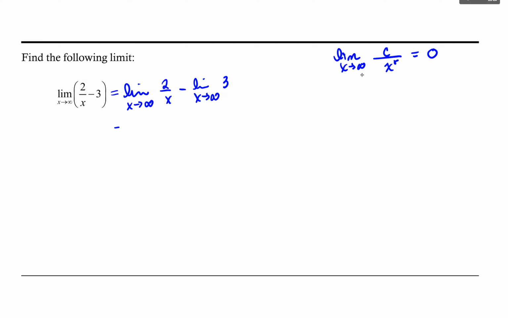So the limit for 2 over x, applying this property, is 0, minus the limit as x approaches infinity of 3, which is 3. So the limit of this function is negative 3, meaning this function as x approaches infinity should approach negative 3.